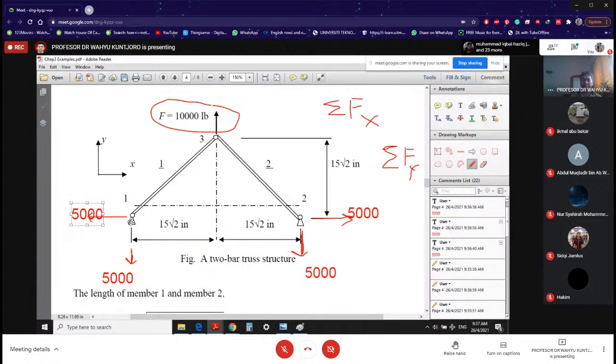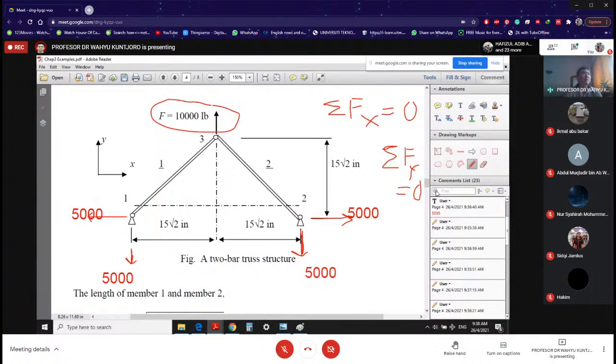Sigma fy is 0 because this force of 10,000 going up is going to be balanced by 5,000 left, 5,000 right, total 10,000 down. So meaning, yes, they are going to be 0. So now you can expect that what you do is going to be correct. If they are not 0, of course, it's going to be wrong.